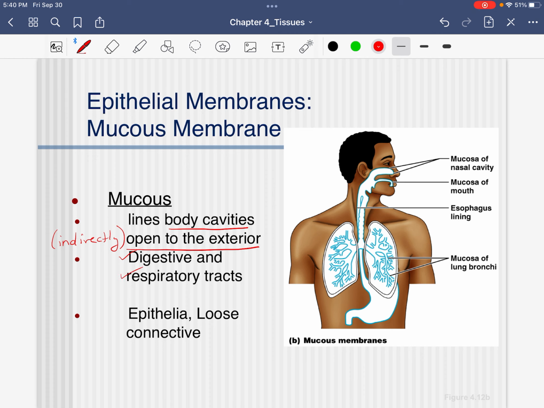The picture here is showing the mucous membrane lining your respiratory tract. So lining the respiratory tract the whole way down is what we classify as a mucous membrane. It's a layer of epithelial and connective tissue that's indirectly open to the exterior. Even though we're down here in the lungs and it's not directly open to the exterior, when we breathe in air, that air from the outside is going down there. So it's indirectly open to the exterior.